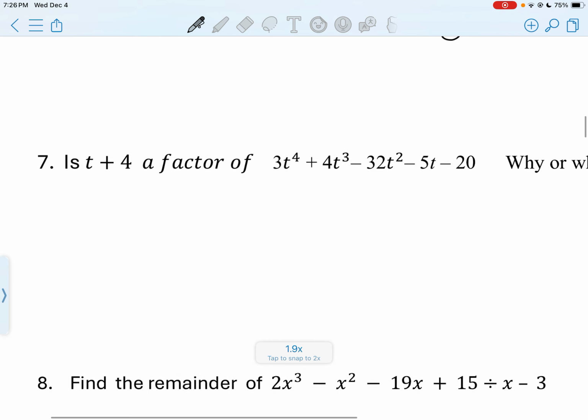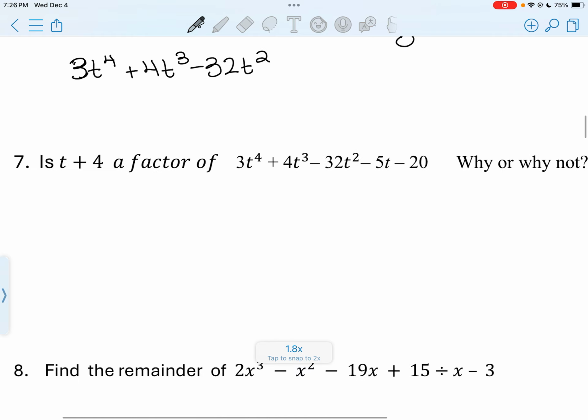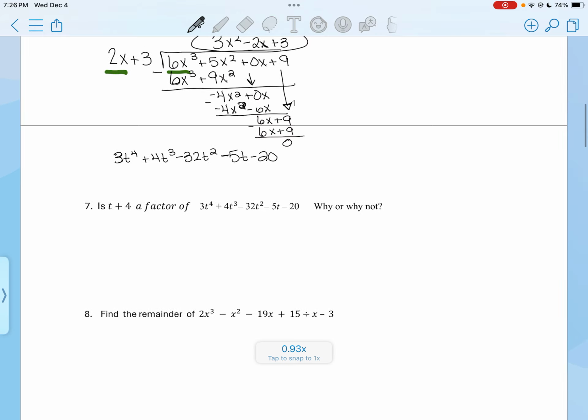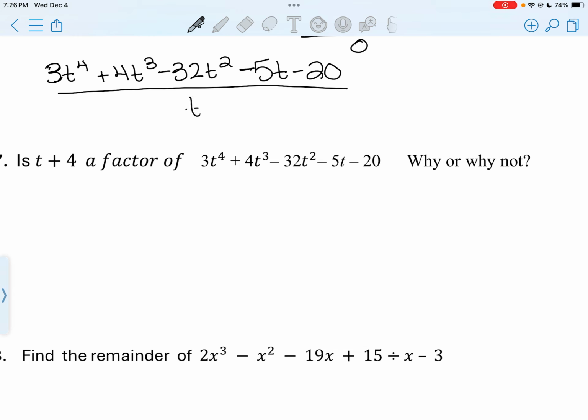So basically this question is asking, if I divide this expression by t plus 4, will there be a remainder?